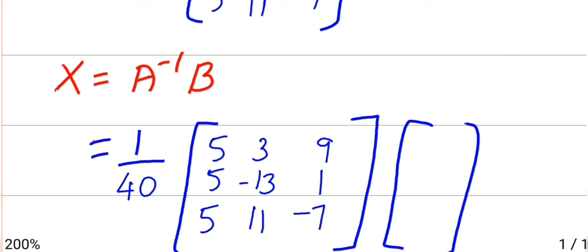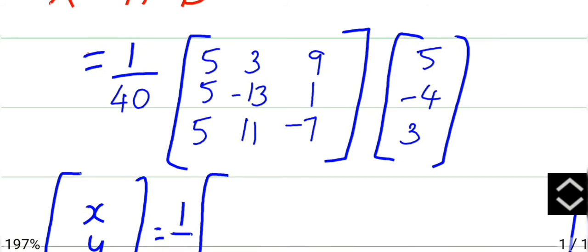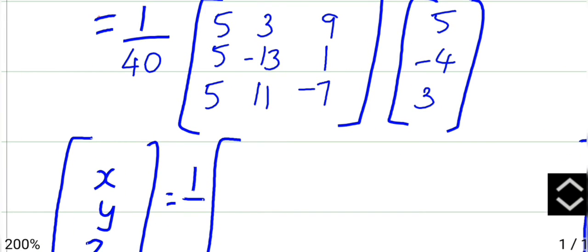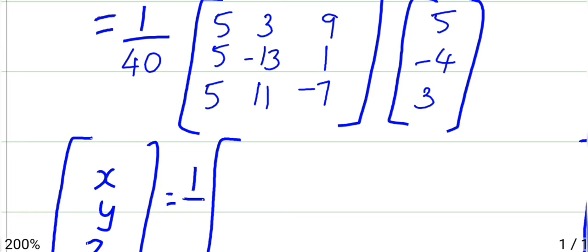Then B is what we wrote in the beginning, that is 5, minus 4 and 3. Now we have to find x, y, z, that is X is equal to A inverse times B. So we have written A inverse and then we are multiplying it with B.